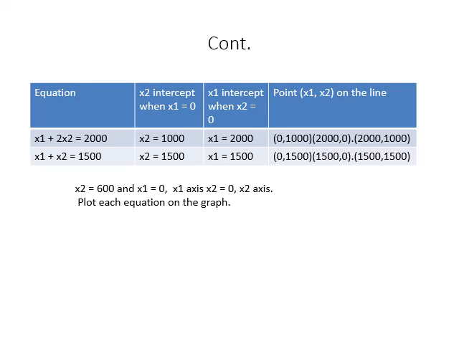So the common point for the first constraint is 2000, 1000, and the common point for the second constraint is 1500 and 1500. D'accord?